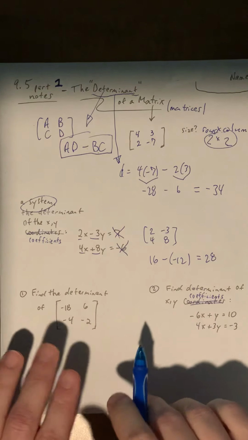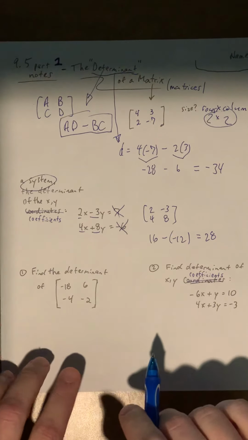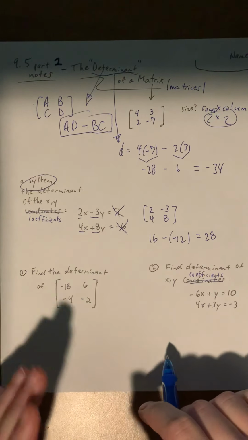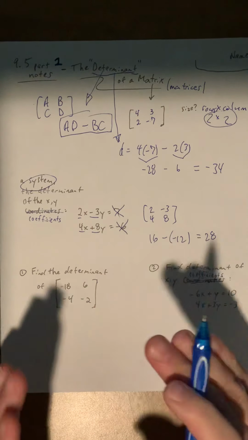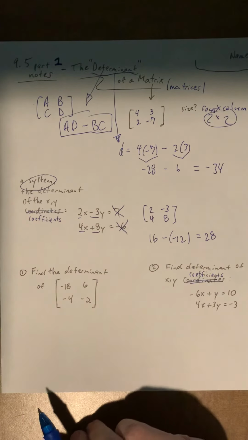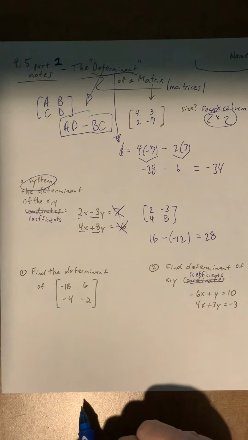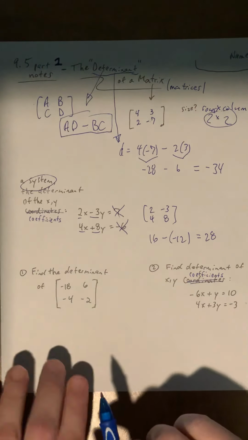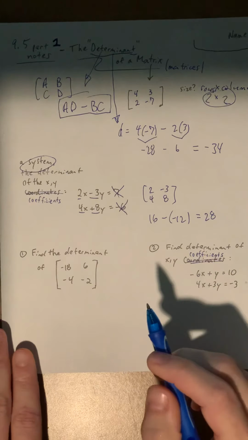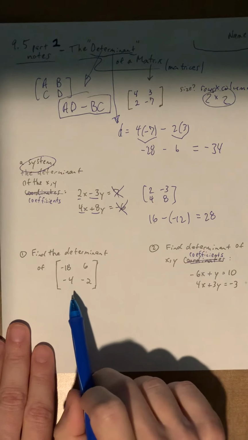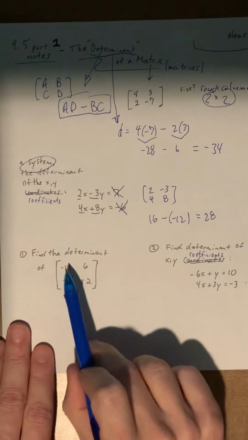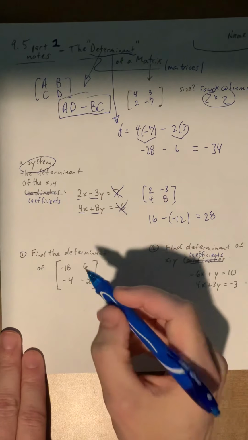Okay, let's try one more example of each, because this is what your homework problems are going to be exactly like. You're going to do this on your homework problems. I adjusted some of the directions on focus, so make sure you pay attention to that. All right, the first type of problem in this section is what we did above. Just take a 2x2 matrix, find the determinant. So nice and easy.